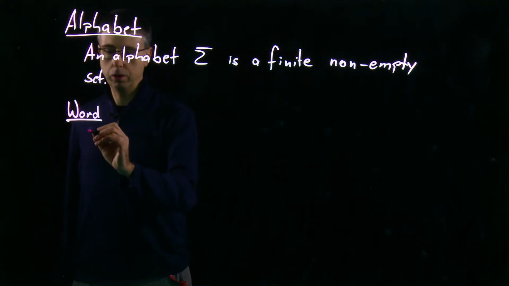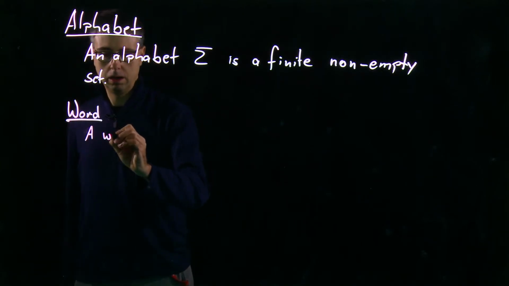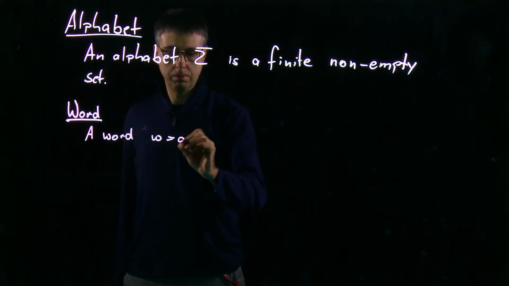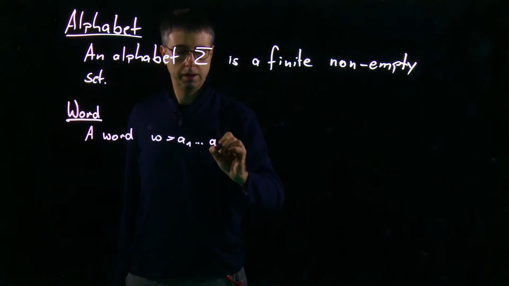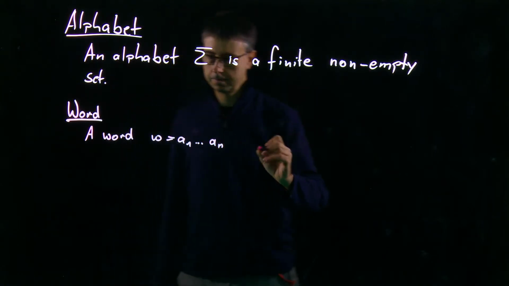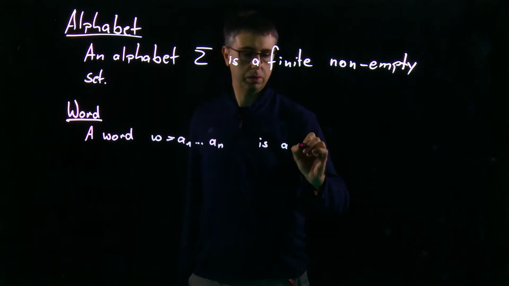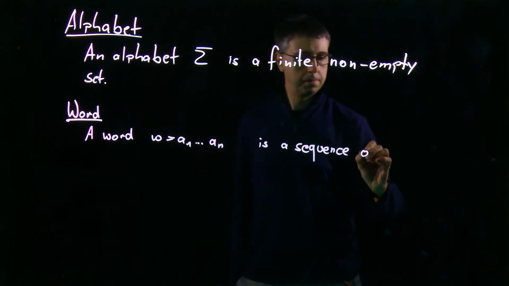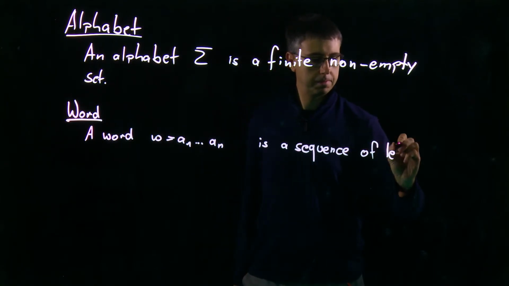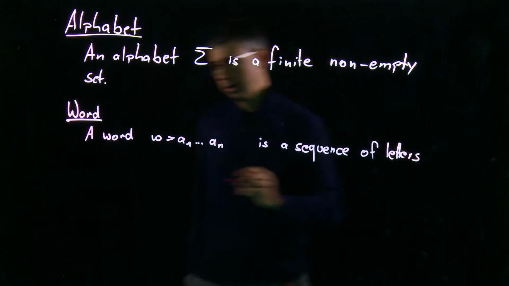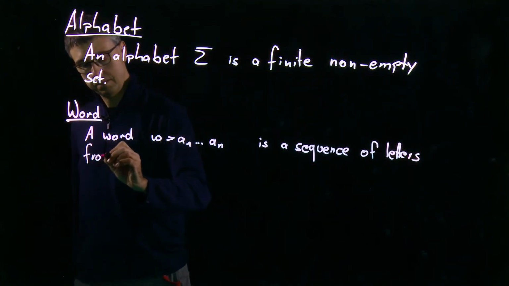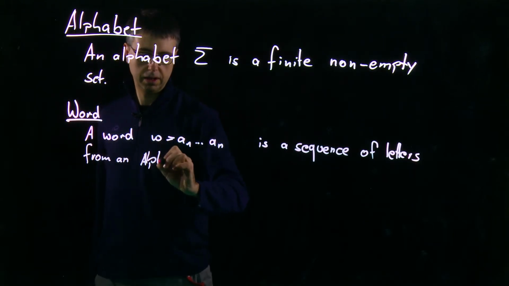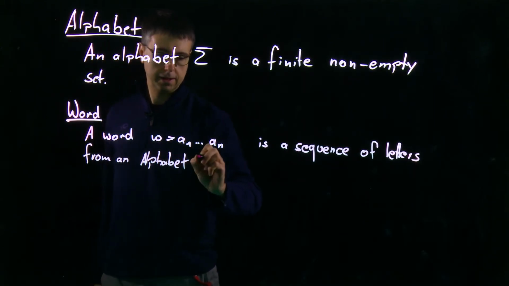So we define a word w to be a sequence a1 to an of letters from an alphabet sigma.